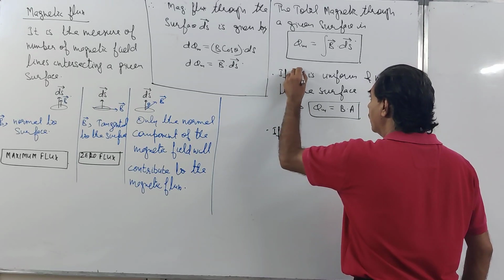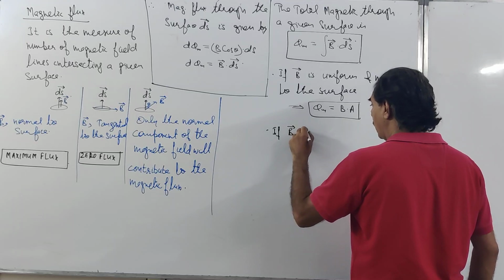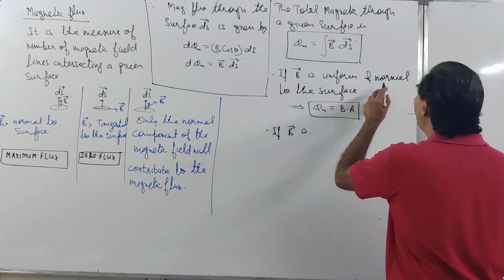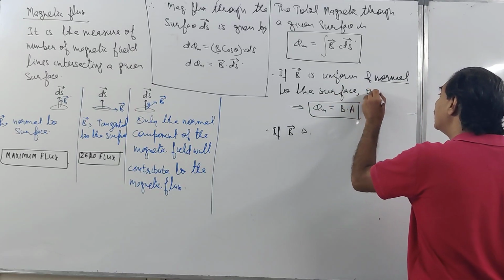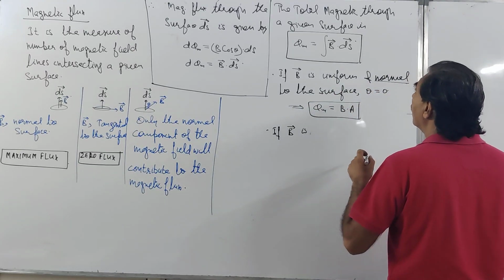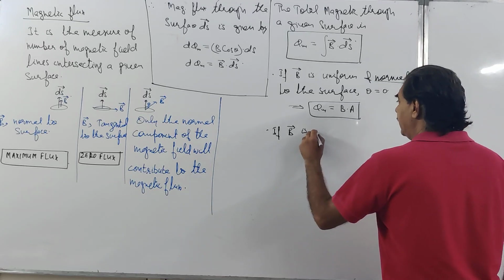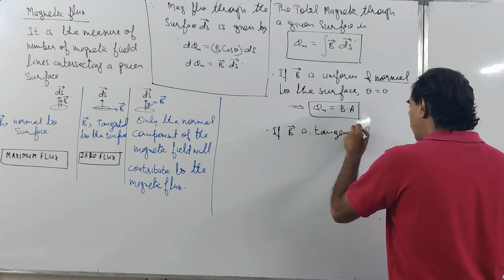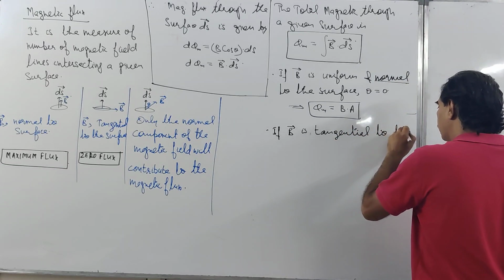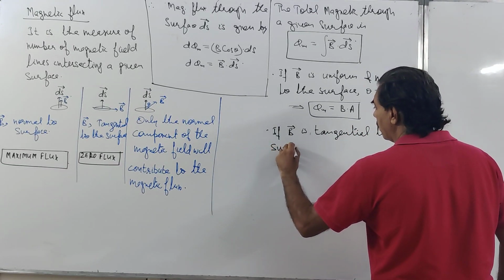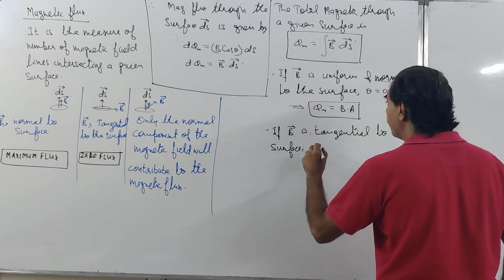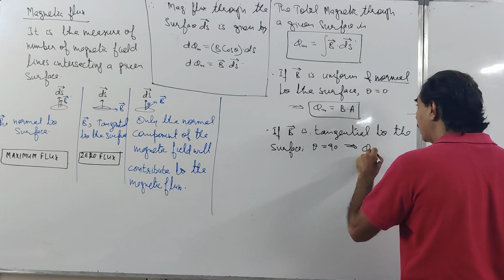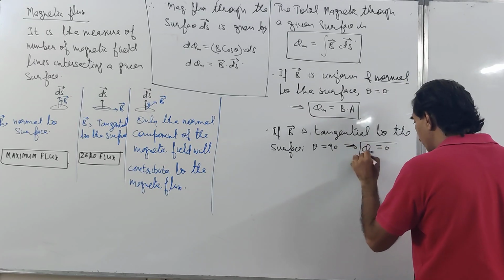If B is uniform and normal to the surface, theta is 0. If B is tangential to the surface, theta is 90, giving me phi to be 0.